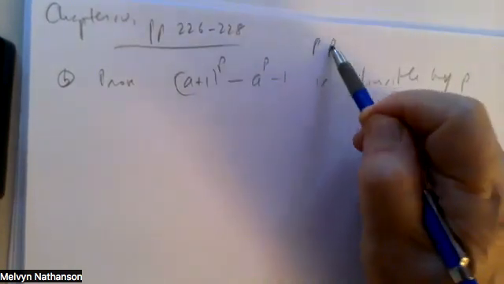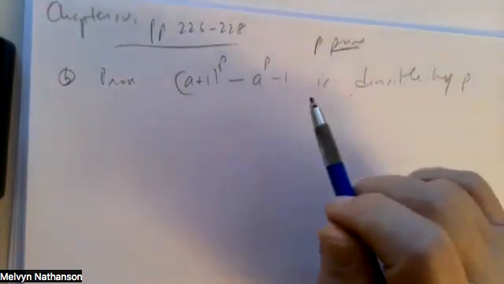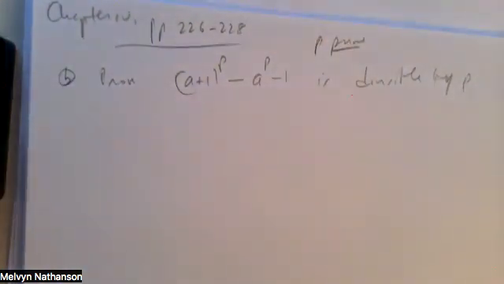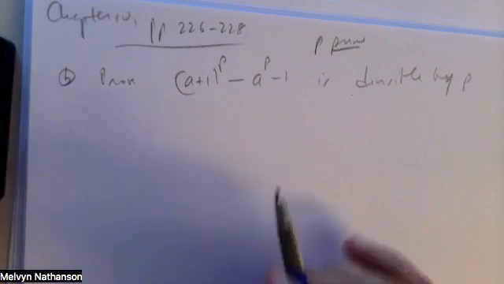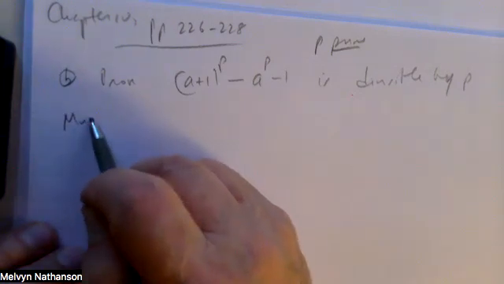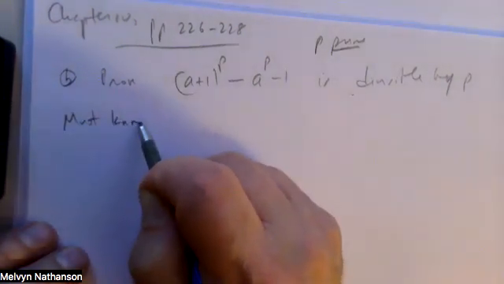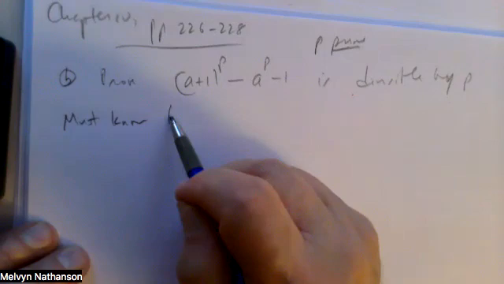P is a prime. So you have to know the binomial theorem. Not Newton's binomial theorem, but the baby binomial theorem.